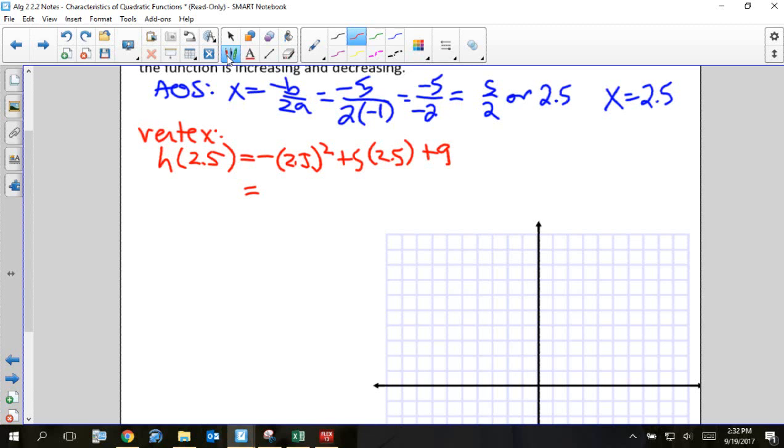If you have the graphing calculator and you type that in with the parentheses, your calculator will do the order of operations for you. You can put it all in one line. I got 15.25. So 2.5 comma 15.25 would be our vertex.